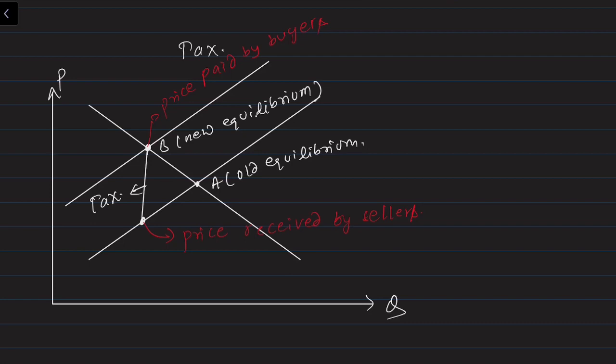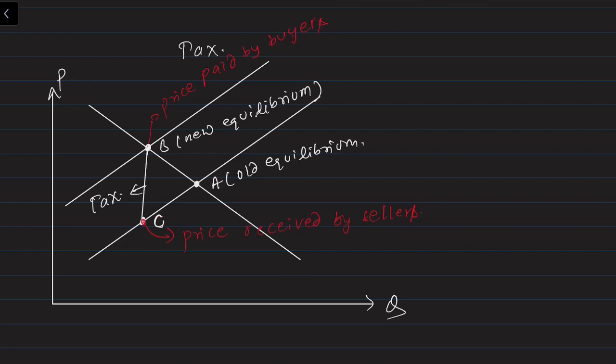Now you can notice that, let's say this point is C. To maintain the consistency, let me write with the same color. So now you can notice that along the demand curve, the point has moved from A to B, right?